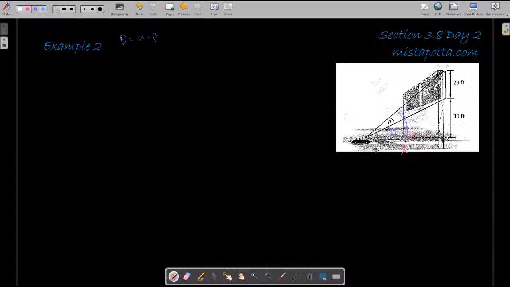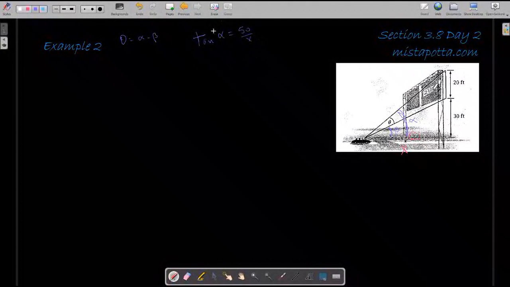And I also have relationships here between this horizontal distance and this vertical distance. Now, I could say that the tangent of alpha is really going to be 50 divided by x.